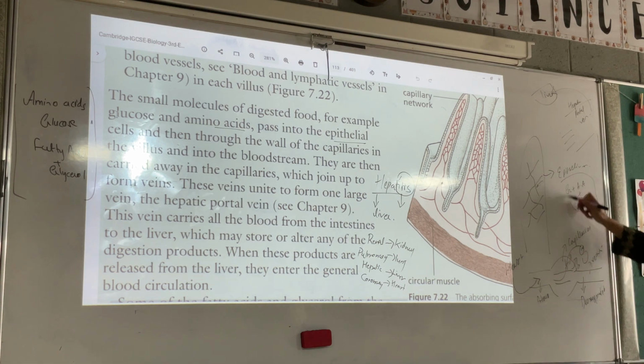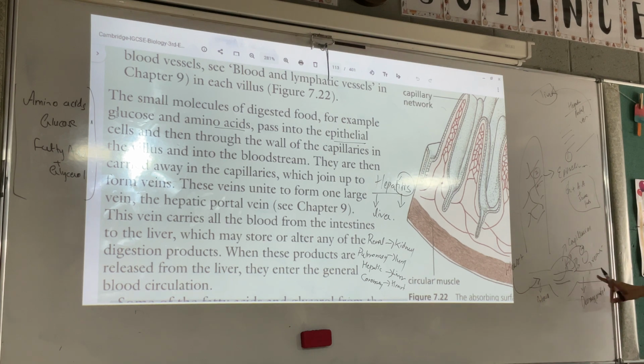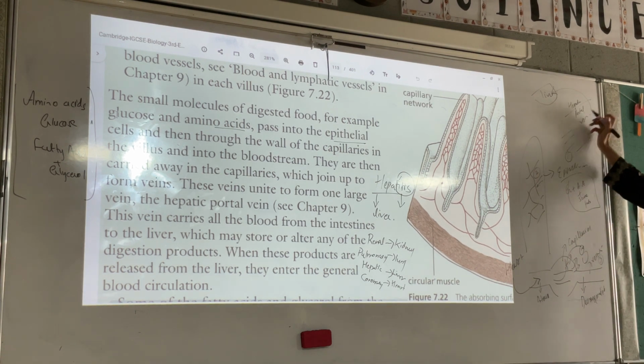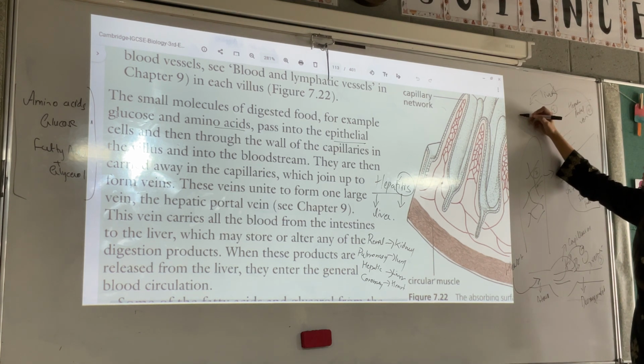So how do they get absorbed? First they go to, say with me, first epithelium, then where? What is this? Capillaries. After capillaries, veins, and then veins join together to form large vein, hepatic portal vein that brings it to the liver, and from the liver it goes to blood circulation.